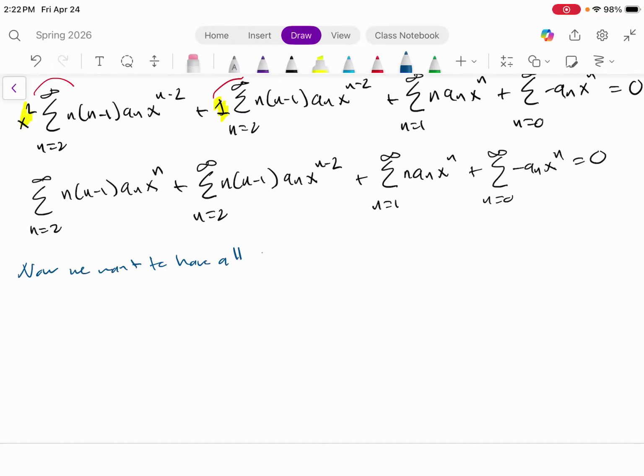All of them are x to the n except for the second term. So let's index shift the second term to be x to the n. So that means we're going to add 2 to everything in the series, subtract 2 from the index.